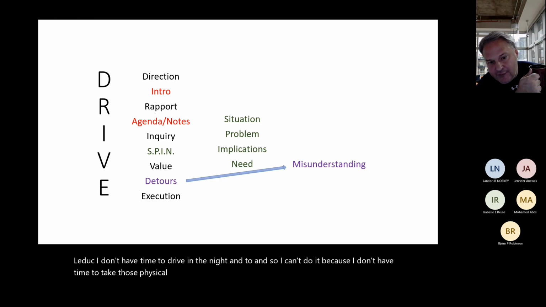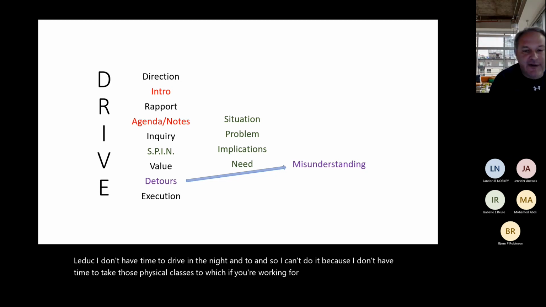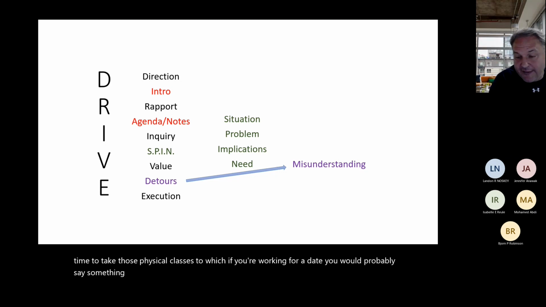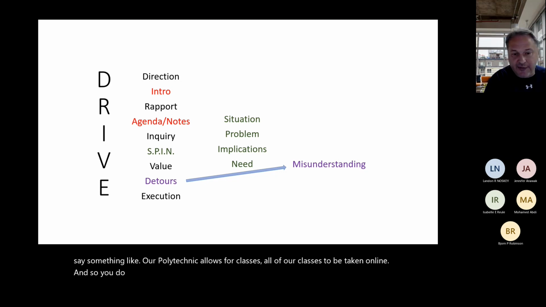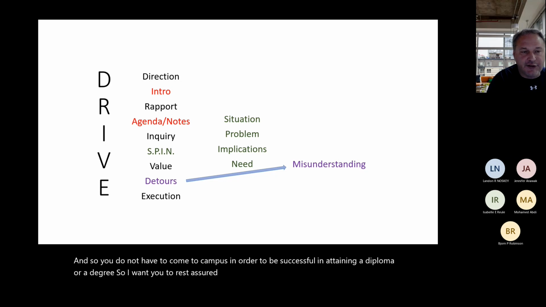To which, if you're working for NAIT, you would probably say something like, "Well, our polytechnic actually allows all of our classes to be taken online, so you do not have to come to campus in order to be successful in attaining a diploma or a degree. I want you to rest assured that that's just not an issue."